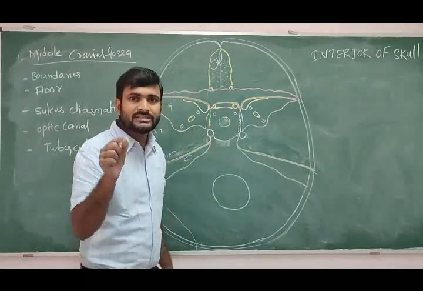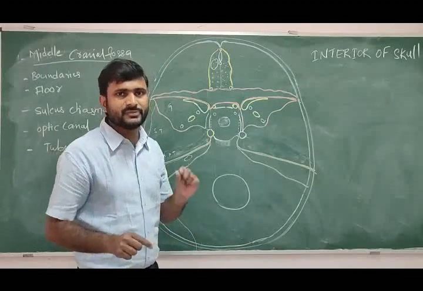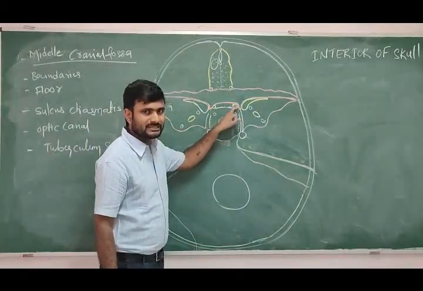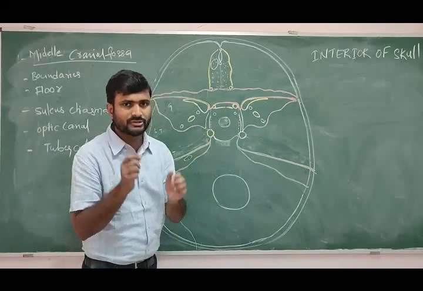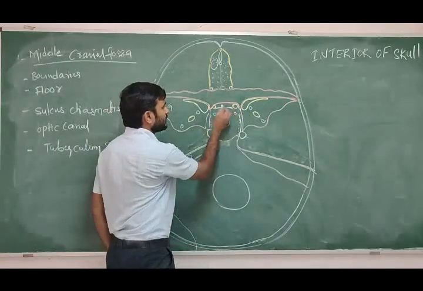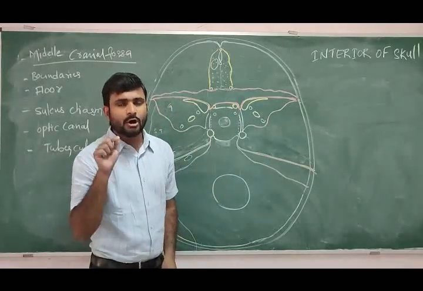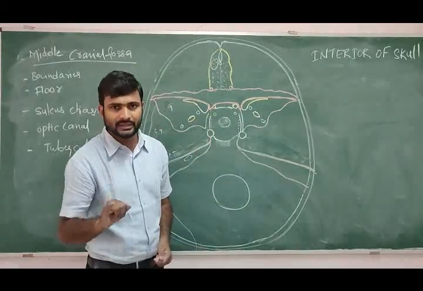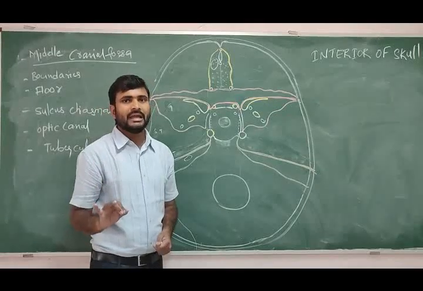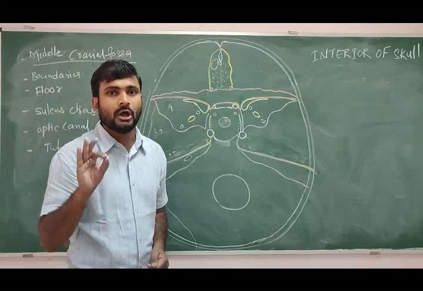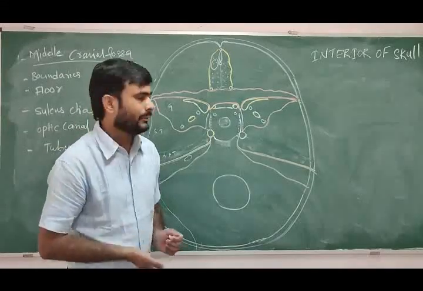That's why the name is sulcus chiasmaticus. Sulcus means the groove. On either side it leads to open into a canal. This canal is called the optic canal. In this optic canal, the optic nerve, ophthalmic artery and the meninges, these three structures are passing through.